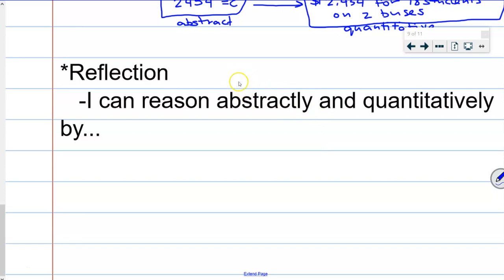Perhaps you'll write something like, I can reason abstractly and quantitatively by using equations and making sense of it in the real world. Remember, this is using symbols. And this is real world. So what are you going to do? This is your reflection time, your goal setting time.